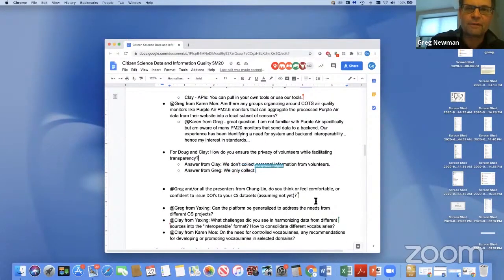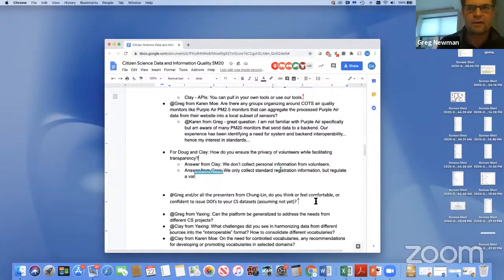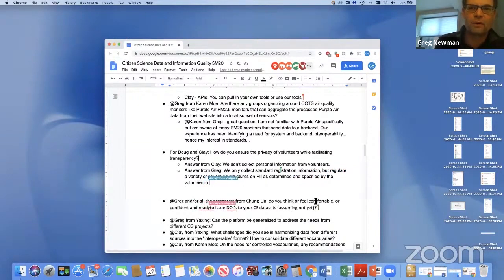And we offer a variety of governance structures around that PII, from allowing the registrant to either go anonymous or have it be first dot last initial or have it be username. It's entirely up to the volunteer to dictate and specify in the my preferences section how they'd like to be listed. And we did that to support a more broad range of governance needs for a variety of citizen science projects and contexts. Great question.